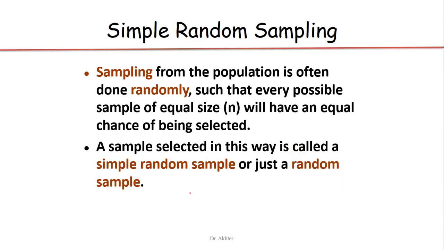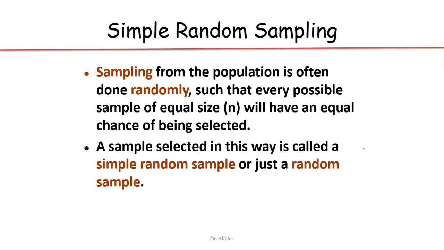So what is the basic definition of the random sample? Every element of the population has a probability to be included in the sample. This is called a random sample. This probability may be the same, or this probability may be unequal. If the probability is the same, then we call it a purely simple random sample.